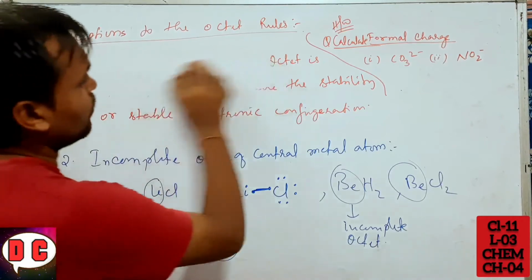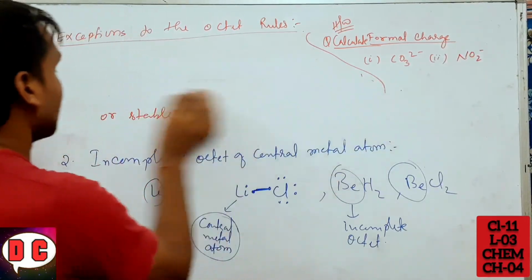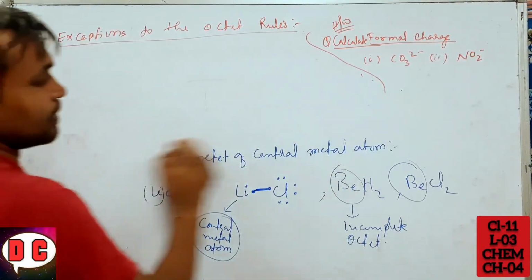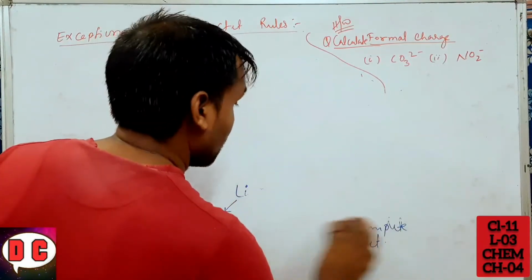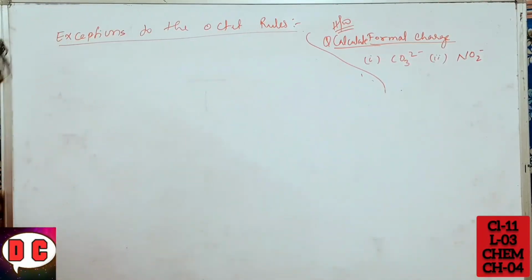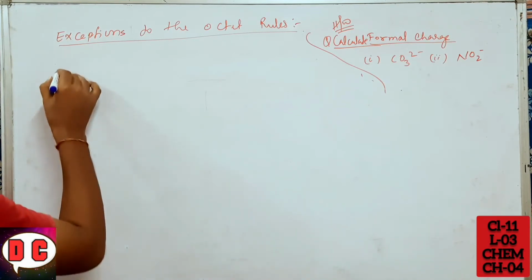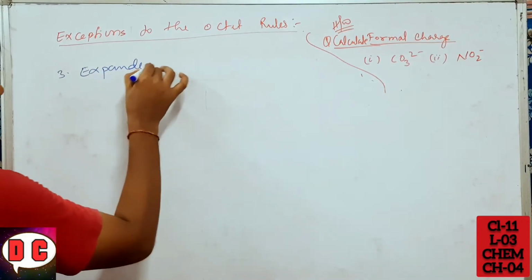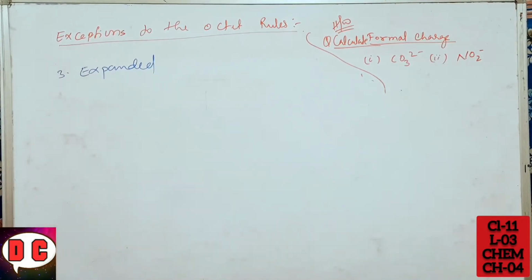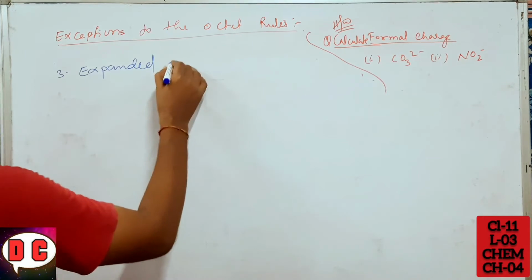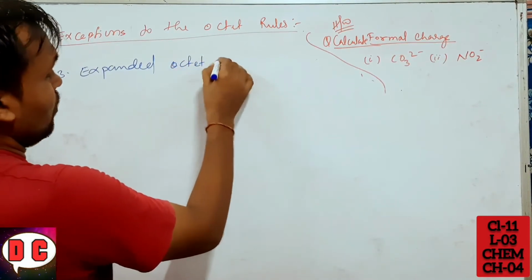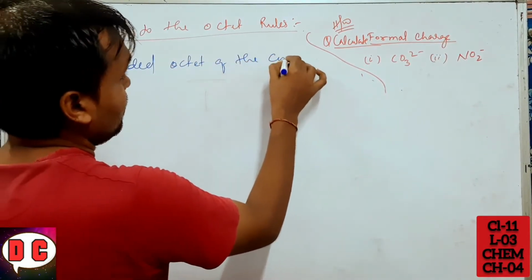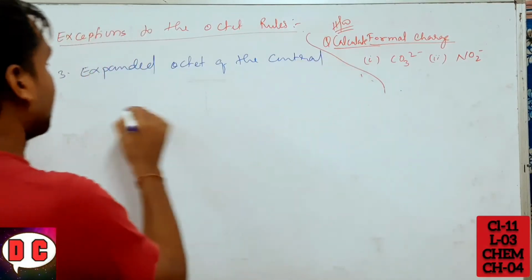We'll go to the third point, exceptions to the octet rule. The third exception is the expanded octet of the central metal atom.